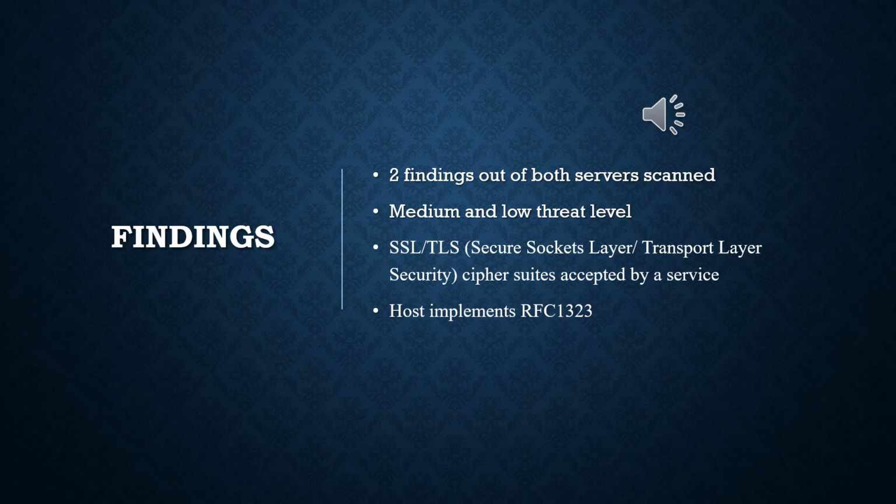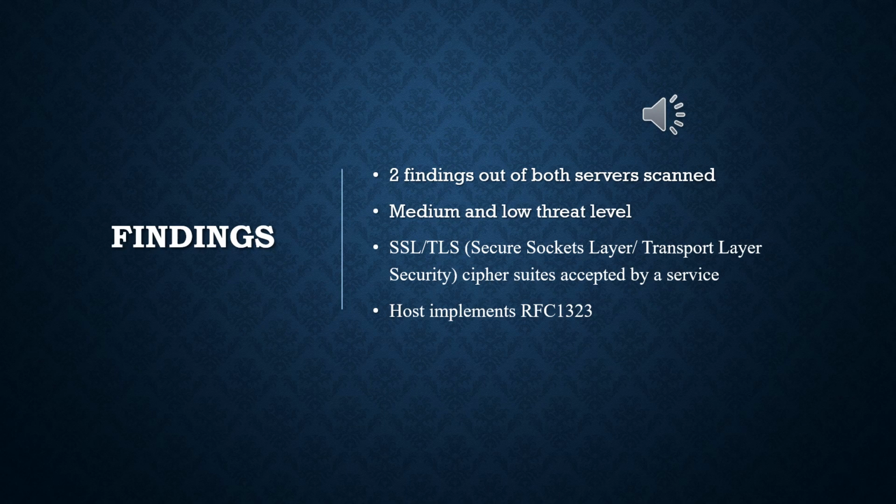Next we have the findings. Surprisingly enough, there were only two findings that were found on the servers after the Greenbone scan. One was a medium and one was a low threat level. The first finding was SSL and TLS, that would be Secure Sockets Layer and Transport Layer Security. It had weak cipher suites accepted by a service.